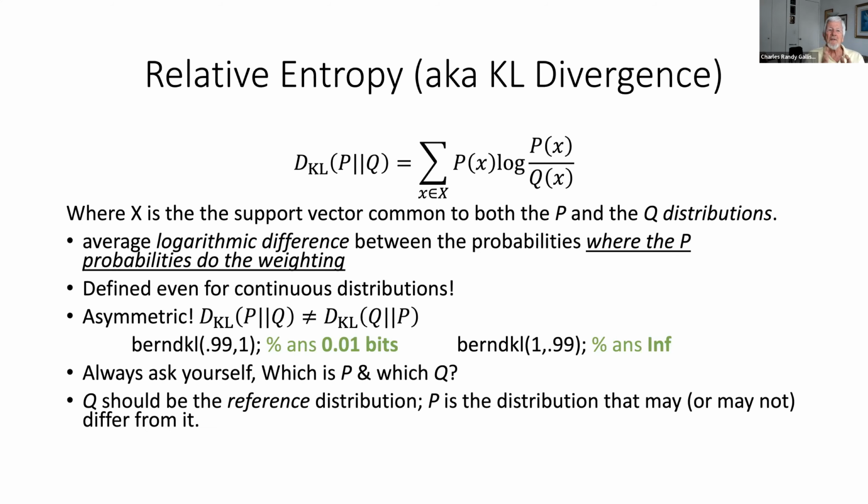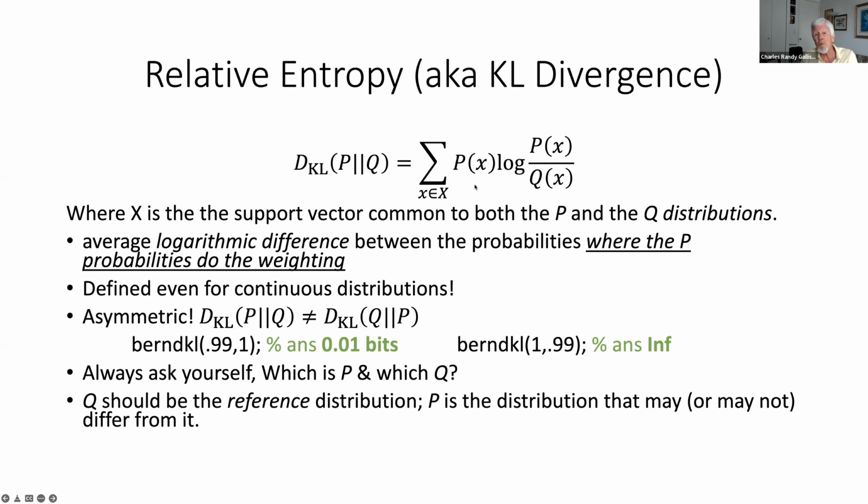Okay, that brings us to another one. So entropy is one foundational quantity in information theory, and there are really two foundational measurements. The second one is the relative entropy, which is also called the Kullback-Leibler divergence.